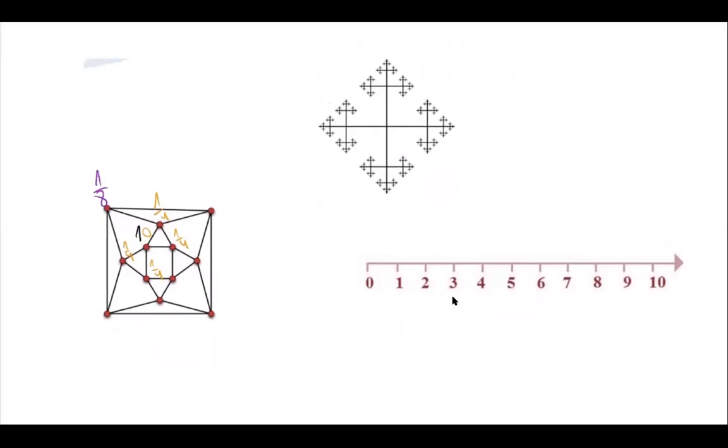I will have 1/16 here, 1/16 here, 1/16 here. What will happen here? 1/16 here as well, 1/16 here as well.